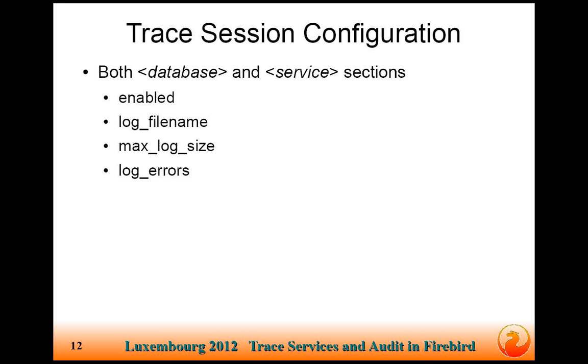And log errors allows you to log or not log errors which happen on the different API calls. It's also a new parameter. It was introduced in 2.5.2, and it allows you to see what errors happen inside your application if you need it.